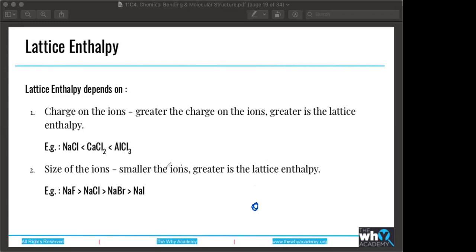But when you're looking at lattice energy, you already have the cations and anions. Now, this relates to the attractive forces between a cation versus an anion. So, if you have two large ions versus two smaller ions, in which case would you have greater forces of attraction?